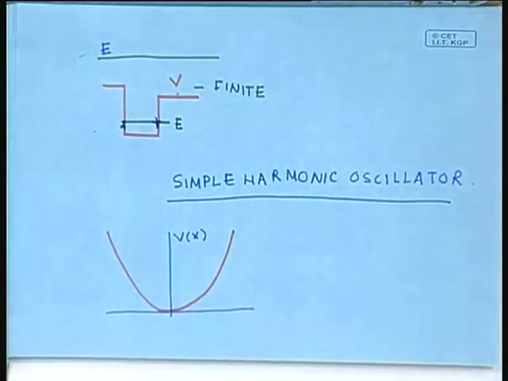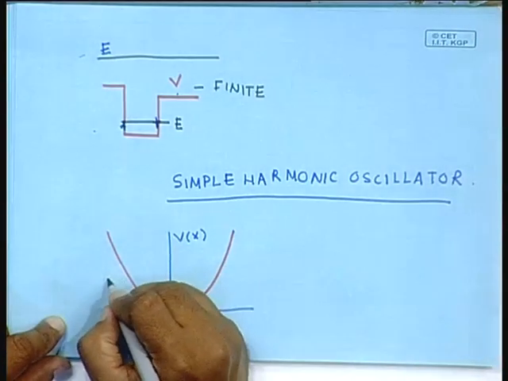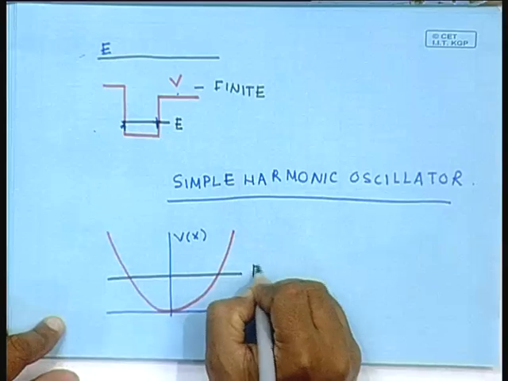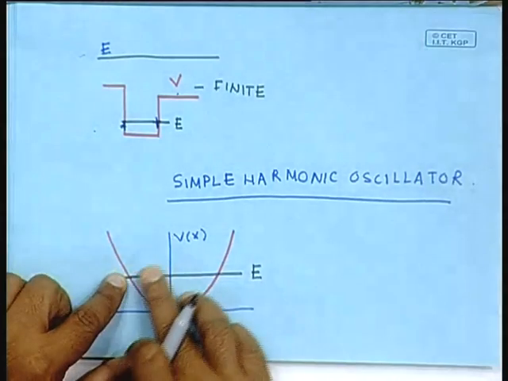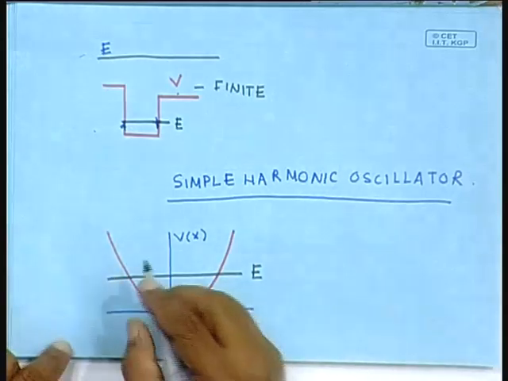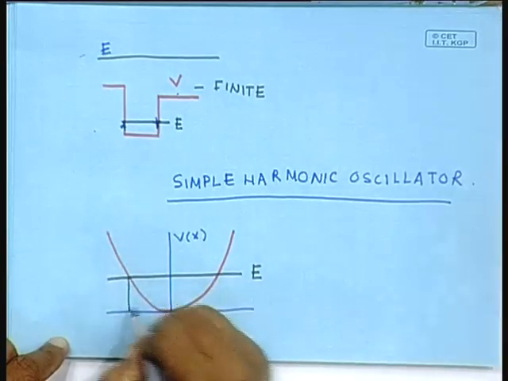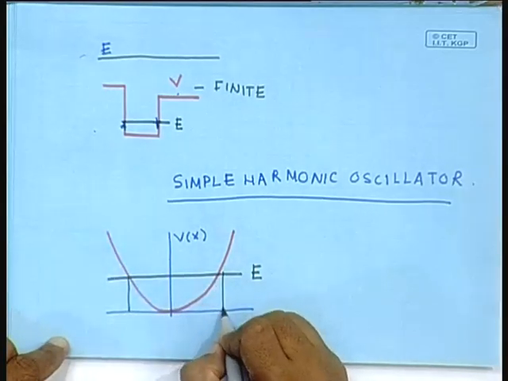And if I have a particle with some energy E, the particle is going to be constrained to oscillate in a finite region, and if I apply classical mechanics, it is going to be constrained to oscillate in this region.